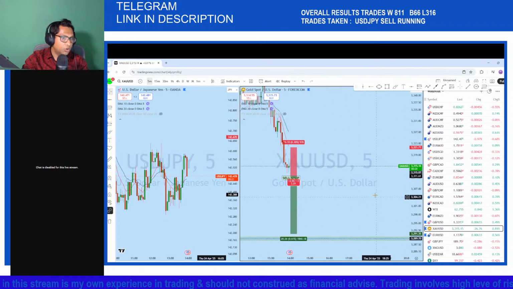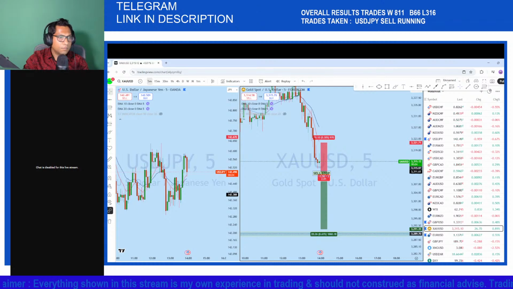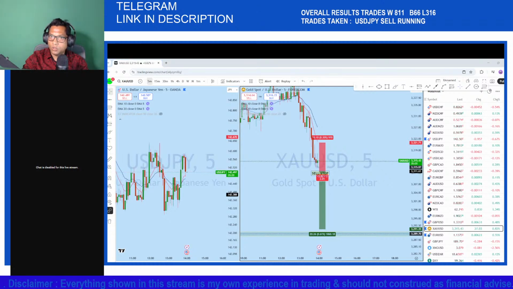There is a long wick doji, expecting that the market will trend in that direction.